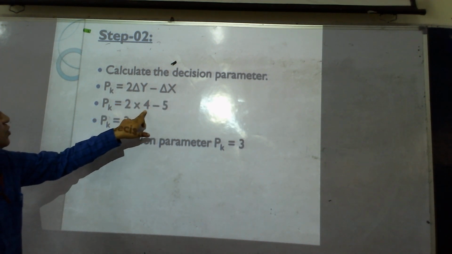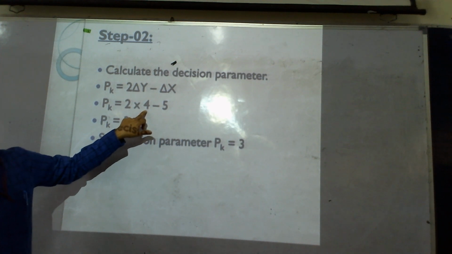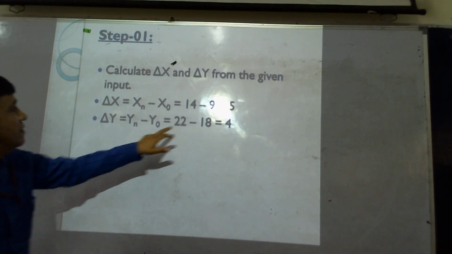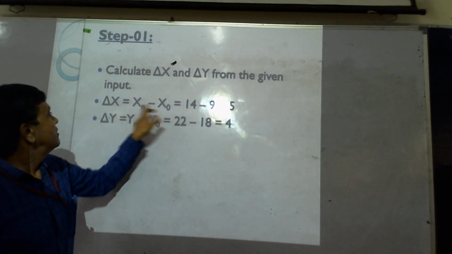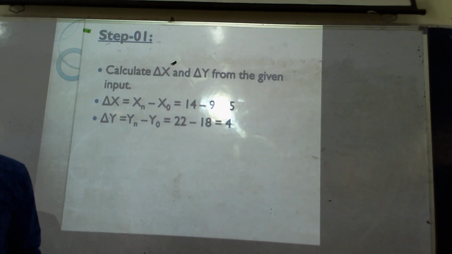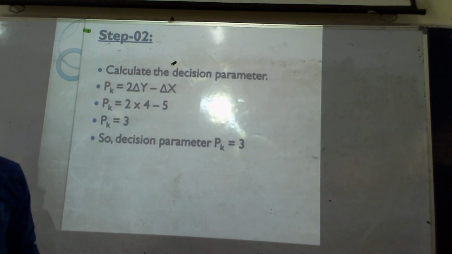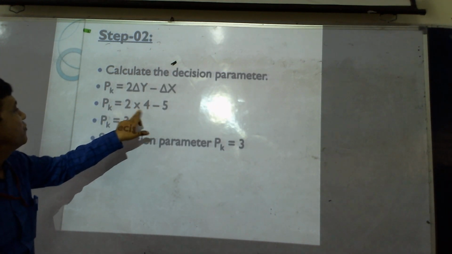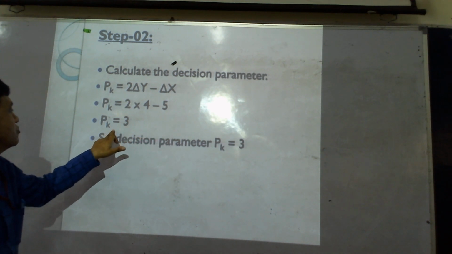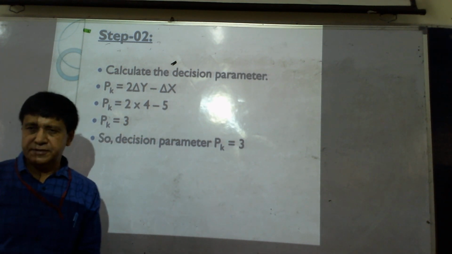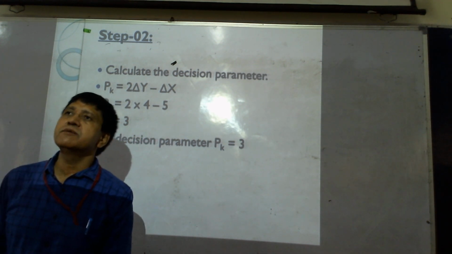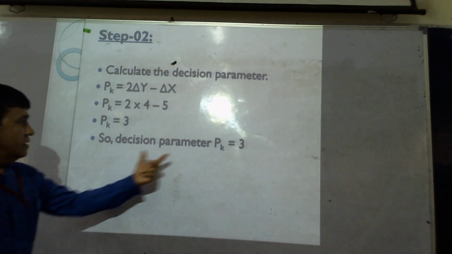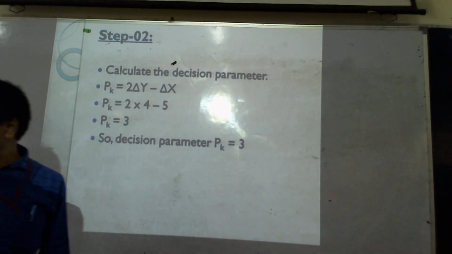We put in the value of delta y, 4, and delta x, 5, so 2 into 4 minus 5. So this parameter pk is 3, calculated on the basis of delta x and delta y.